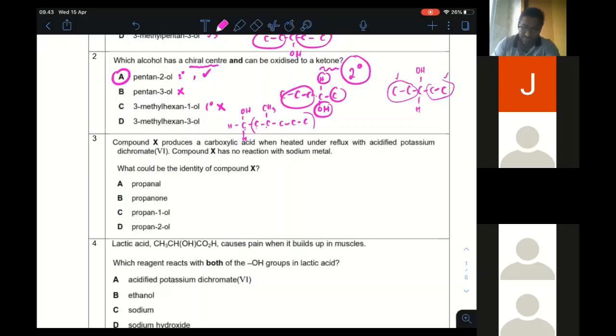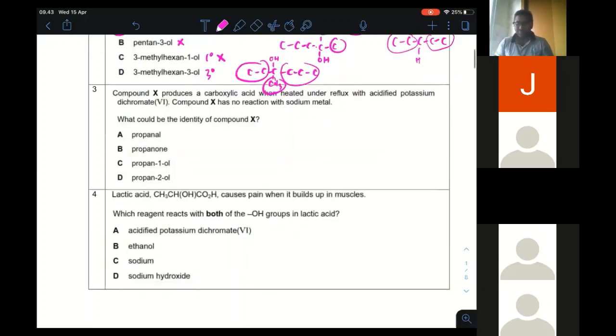Then 3-methylhexan-3-ol. Let's use the same molecule here: hexan-3-ol, and then 3-methyl. You can see that this is going to be a tertiary alcohol. We do not want tertiary, we want secondary. So the answer is going to be A. Let's move on.